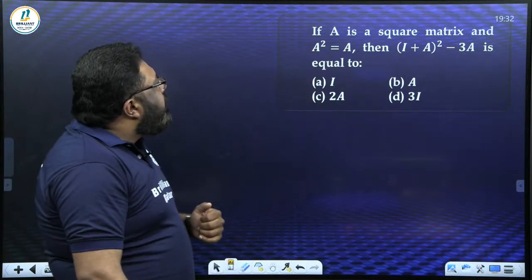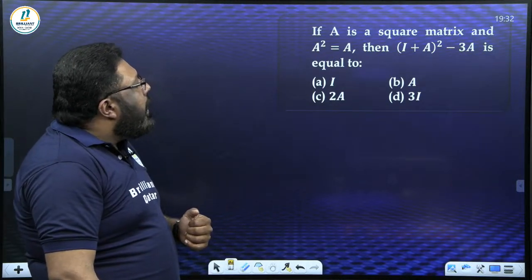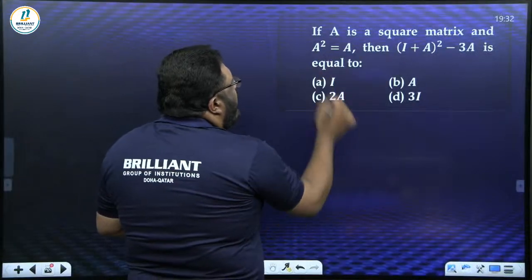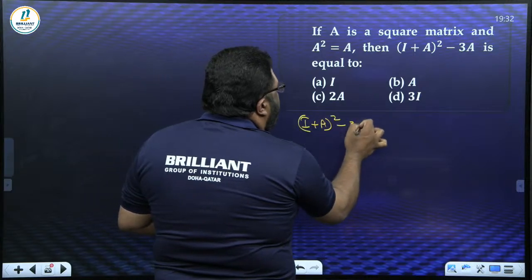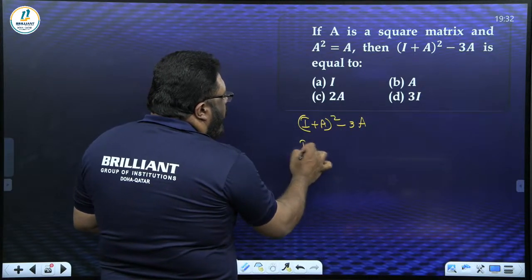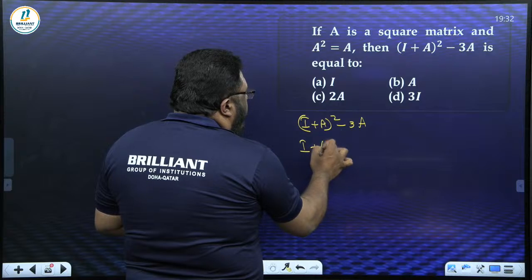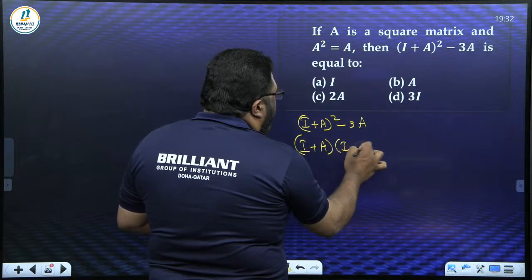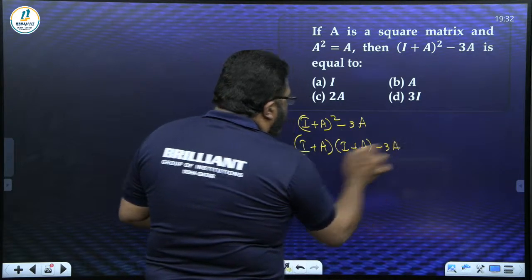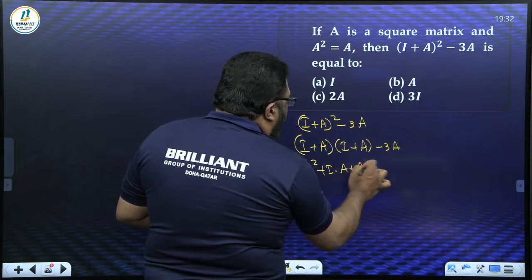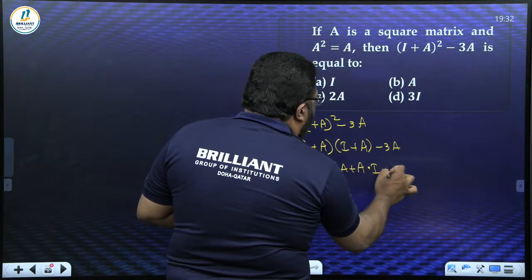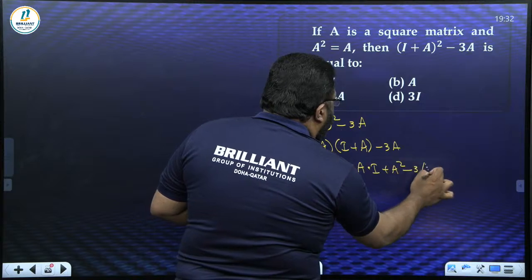A is a square matrix and A squared equal to A. Then what is I plus A squared minus 3A? So I plus A squared is like I plus A into I plus A minus 3A. So it's going to be I squared plus IA plus AI plus A squared minus 3A.